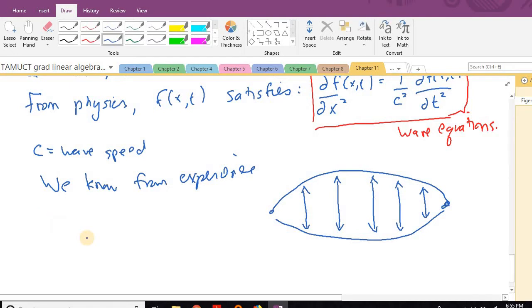Okay. We know from experience there are solutions like this. Okay, so the shape doesn't change over time.